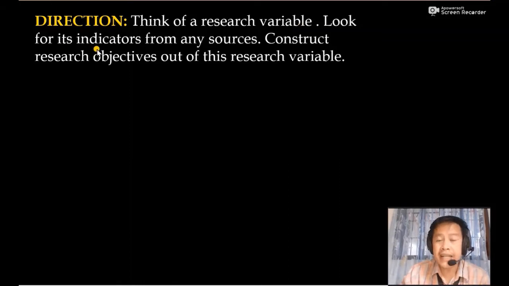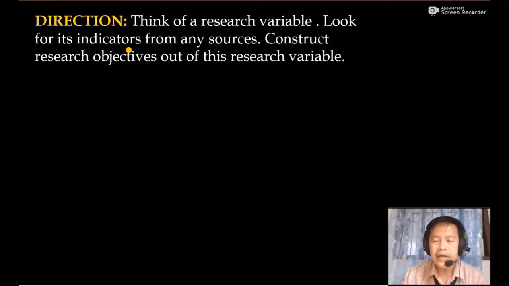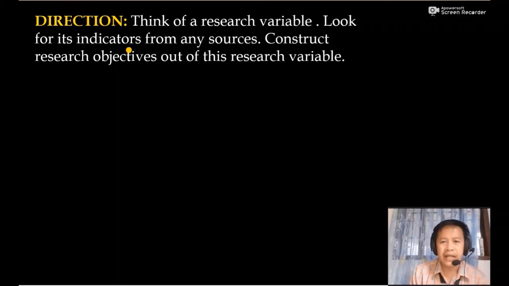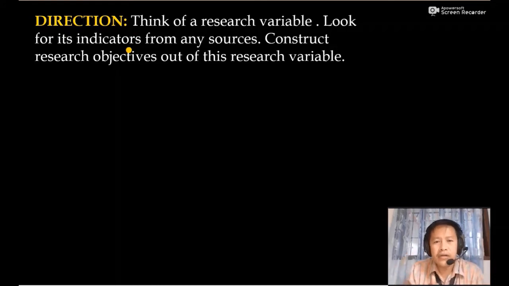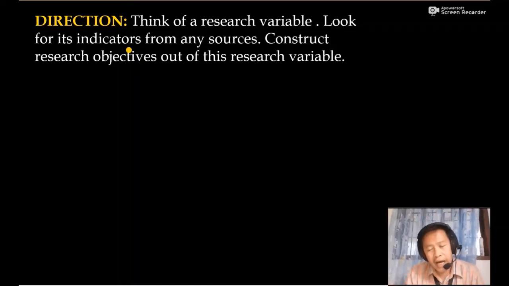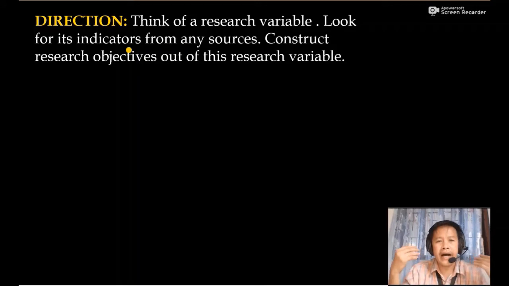Look for its indicators. How are you going to look for the indicators? You are going to use any sources of data. Could be printed materials. There are also online sources. When you say indicators, these are the types, the kinds, the observable or measurable events and entities.